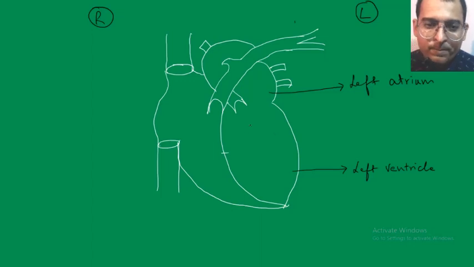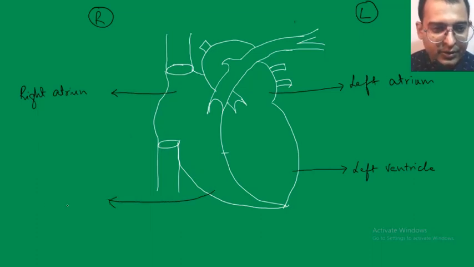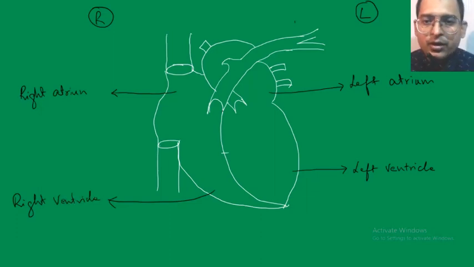Similarly this chamber here will be the right atrium, and the chamber here will be the right ventricle. We should be able to identify that these are the four chambers of the heart.